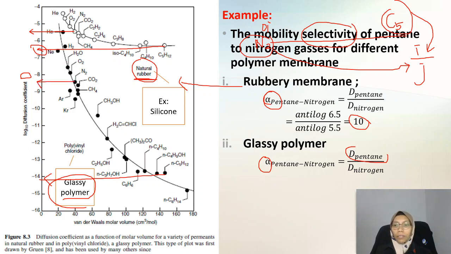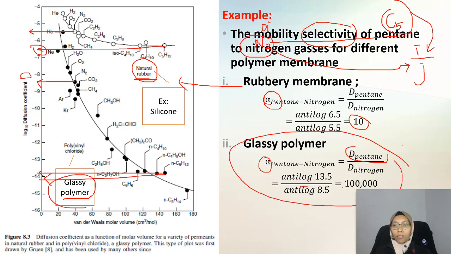Next, the anti-log of 13.5, which is around here, divided by the anti-log of 8.5, you get about 100,000. So you can see that the selectivity in the glassy polymer is much higher compared to the rubbery membrane.